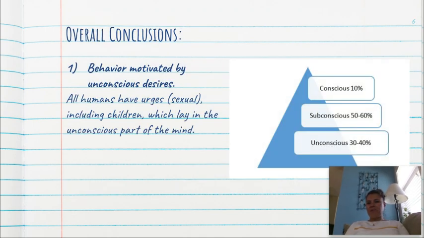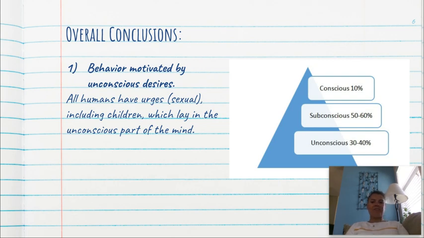His overall conclusion is that all of our behavior is motivated by our unconscious desires. That in our unconscious mind, we have these desires. And you guys, we've seen that iceberg before. We have these desires that are violent, sexual.